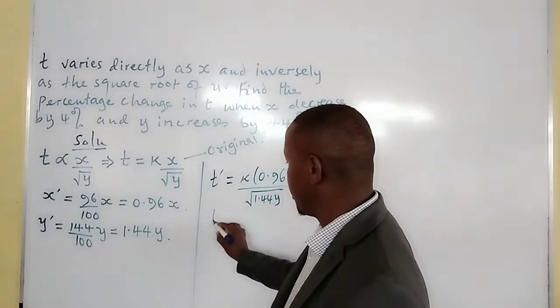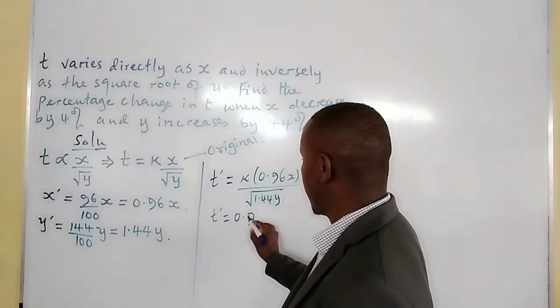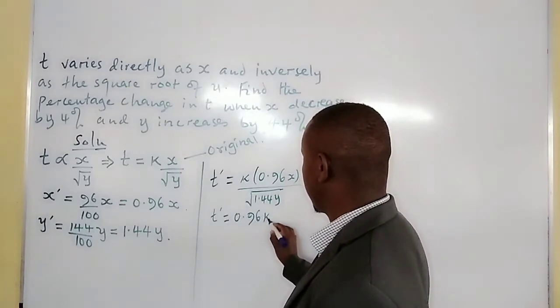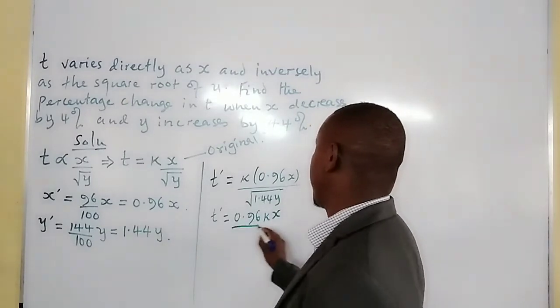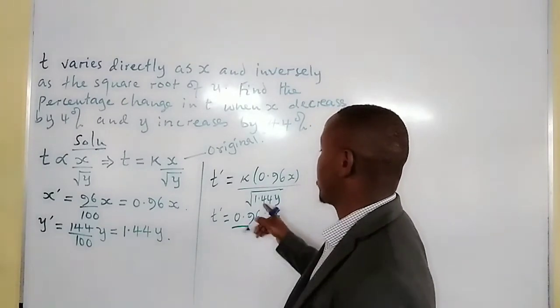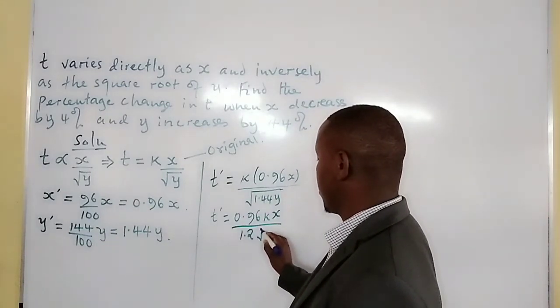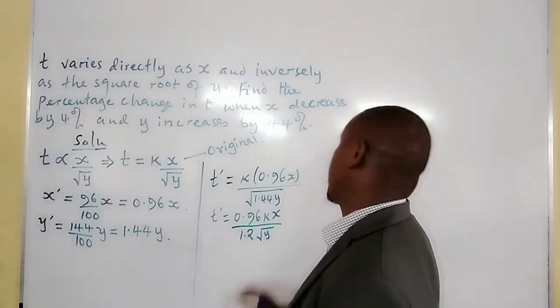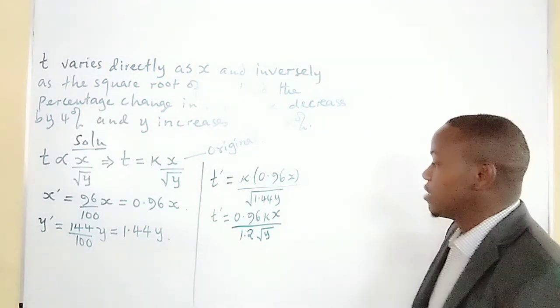So the new t becomes 0.96k times x, divided by the square root of 1.44, which is 1.2, times the square root of y. So that is the new t.